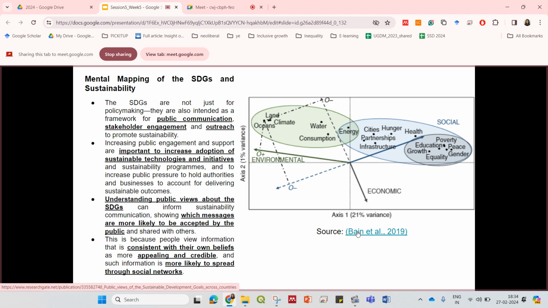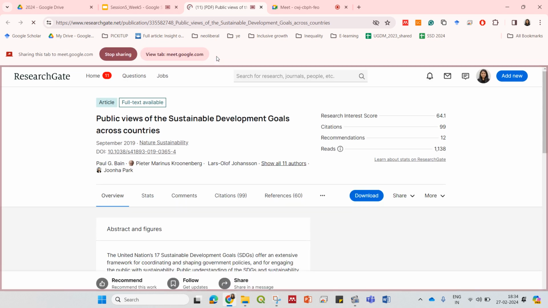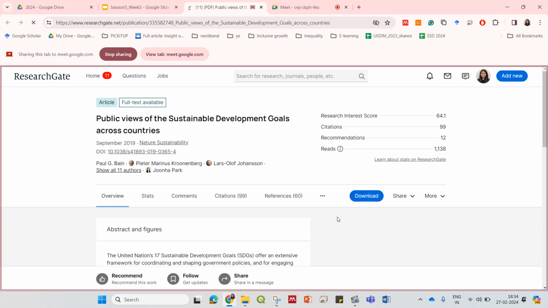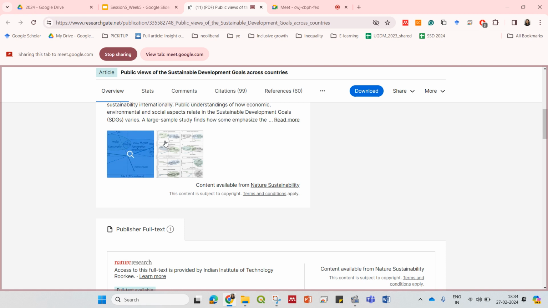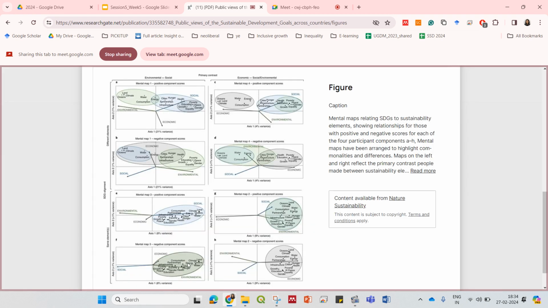I have linked this study for you. If you want to take a look at how they created this mental map, you can go through this study. They collected the public views on SDGs across several countries, and based on their surveys, they created this mental map of which SDG lies in which category, either social, environmental, or economic.